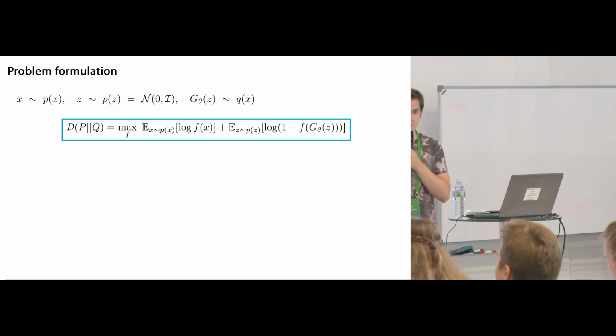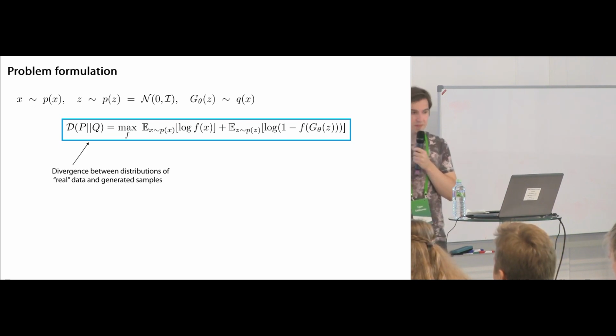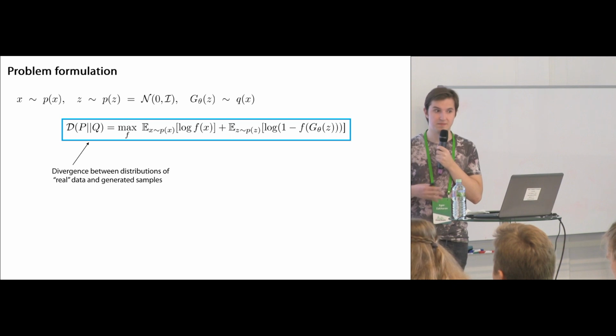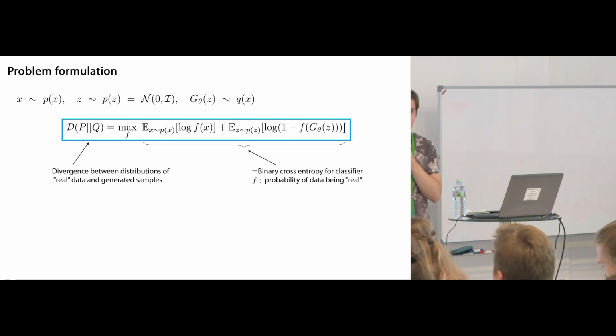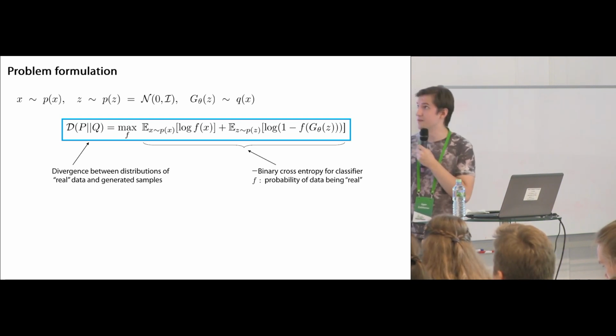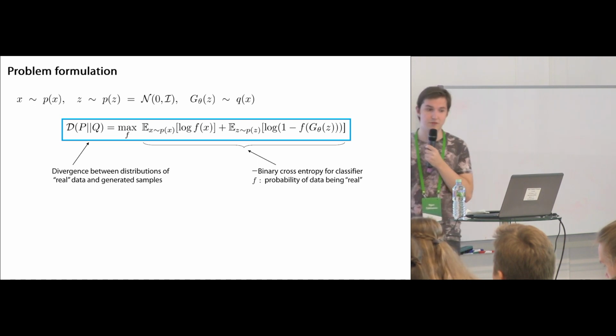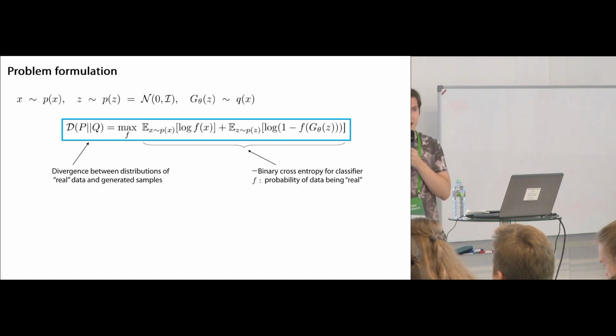This is the same objective that you've seen in the previous talk. This objective essentially measures the distance between the real distribution and the generated distribution, the distribution of generated samples. And essentially inside we have minus binary cross entropy for classifier f.